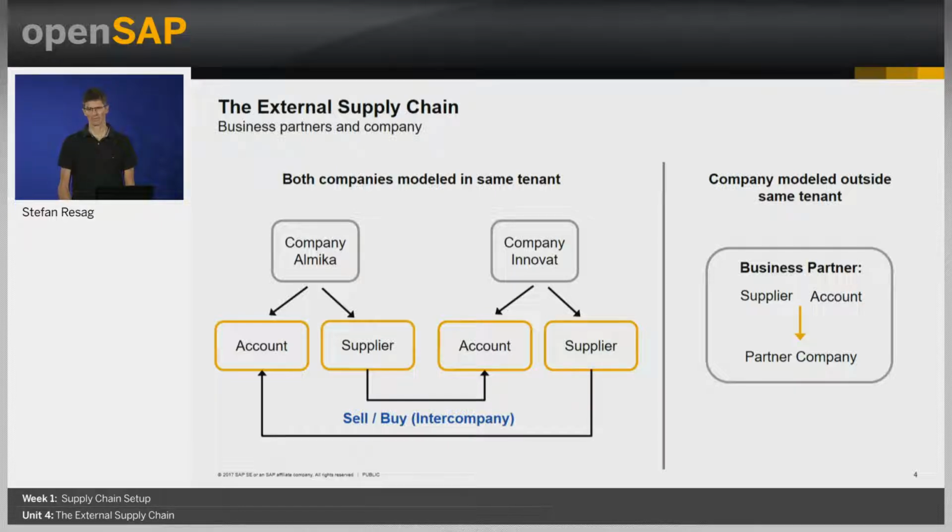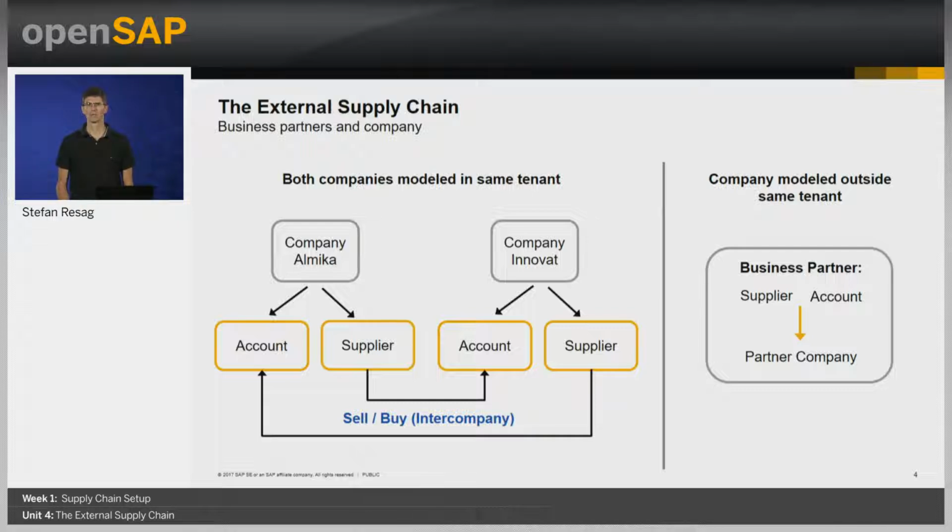Sometimes there are situations where you cannot model all companies of an enterprise within the same tenant. Or maybe you run a two-tier ERP strategy and your headquarter uses S/4HANA and your subsidiaries run SAP Business ByDesign. In those cases, you first need to set up those companies as supplier or account business partners.